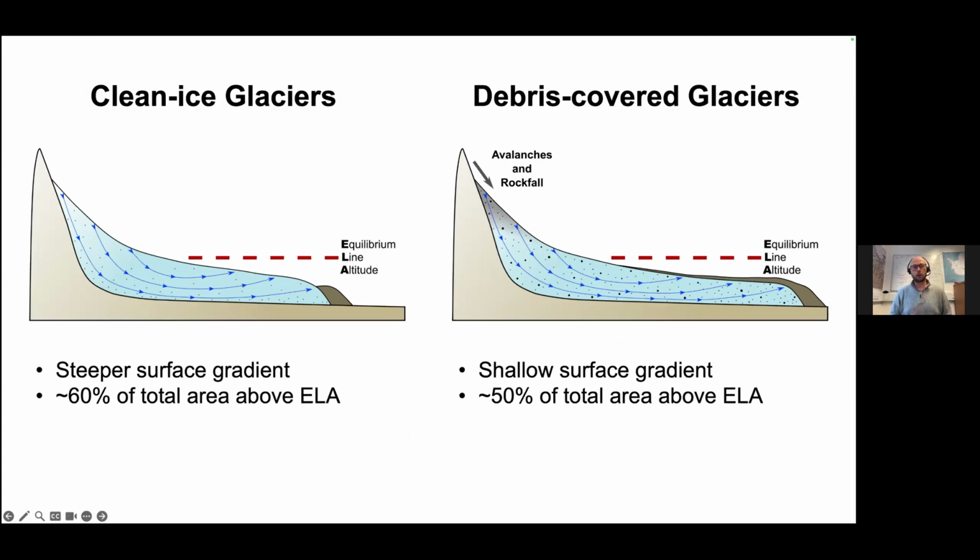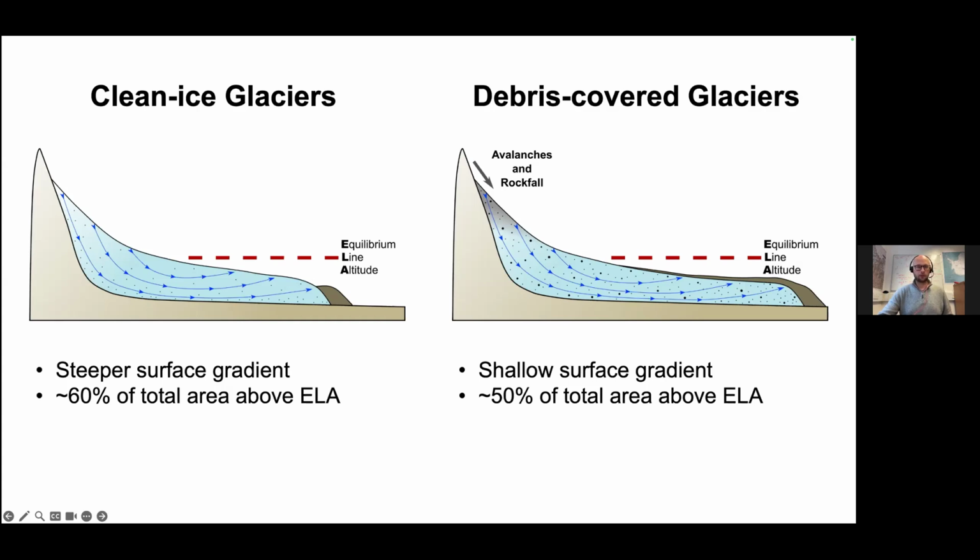But for debris covered glaciers, that percentage changes because, again, the debris insulates the ice. And also because of the way the debris cover influences melt, you tend to create glaciers that are less steep in their ablation areas, so they're quite shallow. As you approach the terminus, they become almost flat.